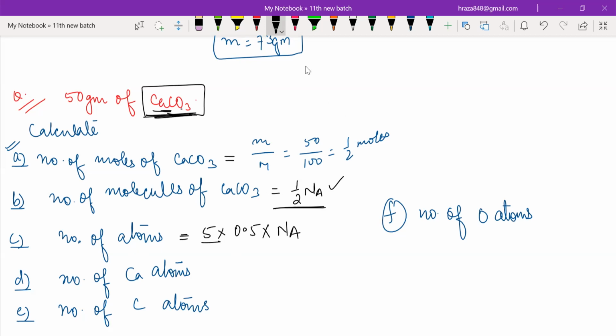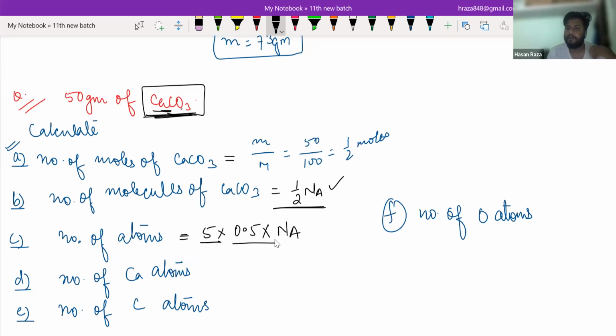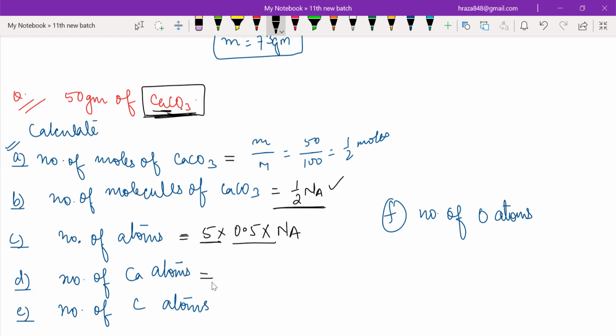See how we are going to calculate number of atoms. Number of atoms is equal to number of atoms into moles into Na. And what about number of calcium atoms? Only one atom is there, 1 into 0.5 into Na.